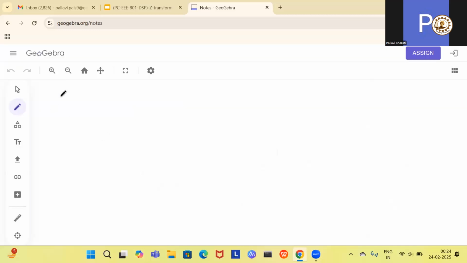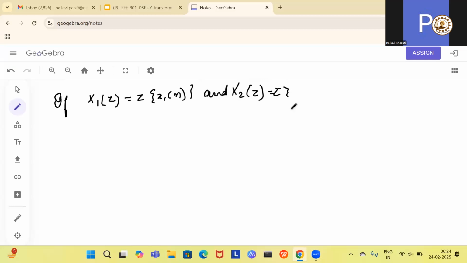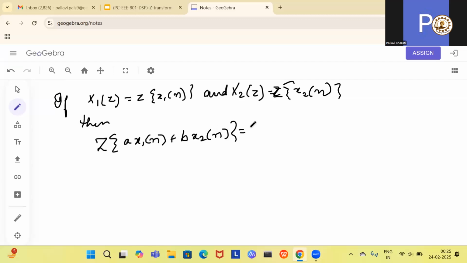Okay. Now, if X1 of z is the Z transform of x1 n, and X2 of z is the Z transform of x2 n, then the Z transform of A into x1 n plus B into x2 n is going to be A into X1 of z plus B into X2 of z.